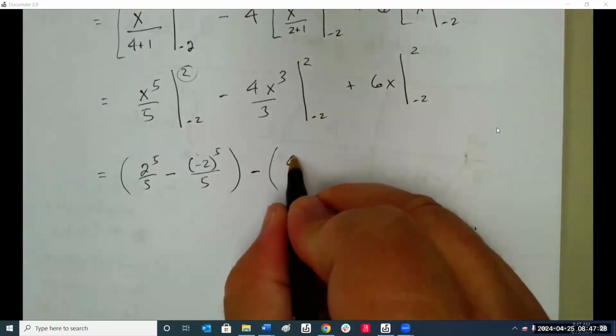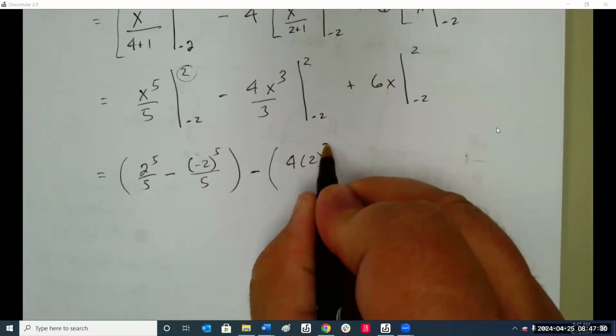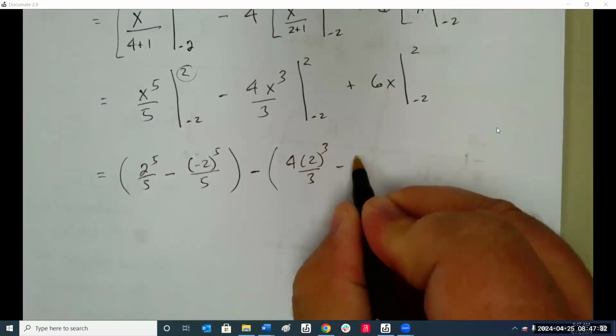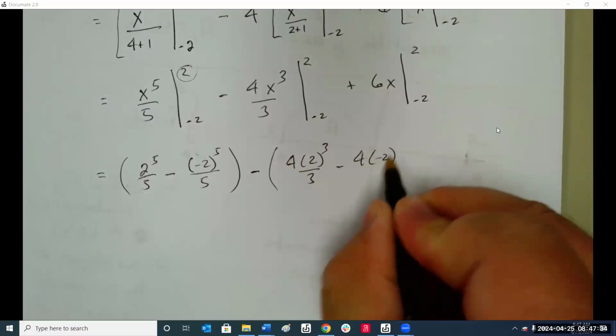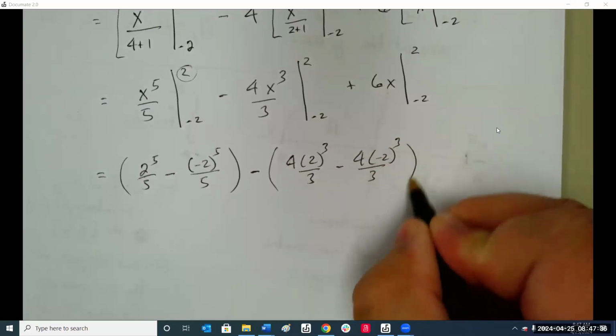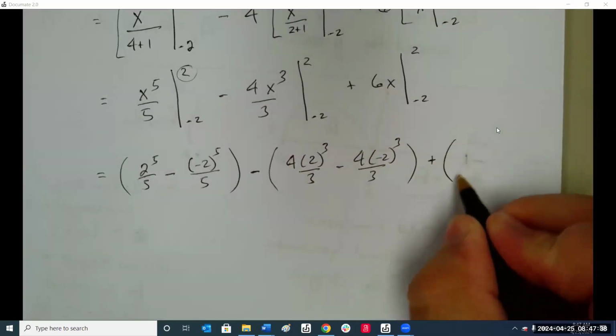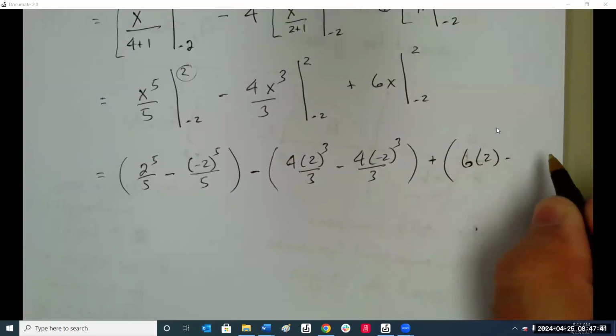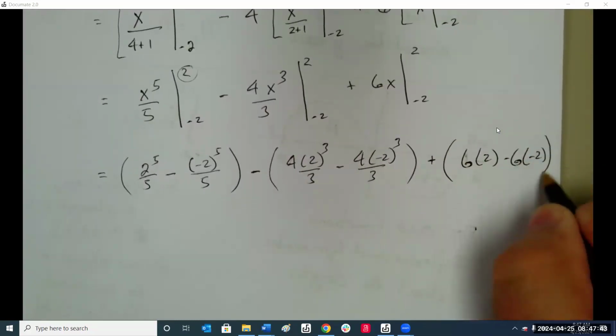Do the same for the middle one. So we have 4 times 2 cubed over 3 minus 4 times -2 cubed over 3. Then 6 times 2 minus 6 times -2.